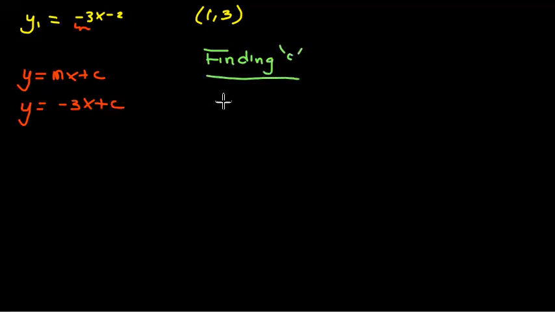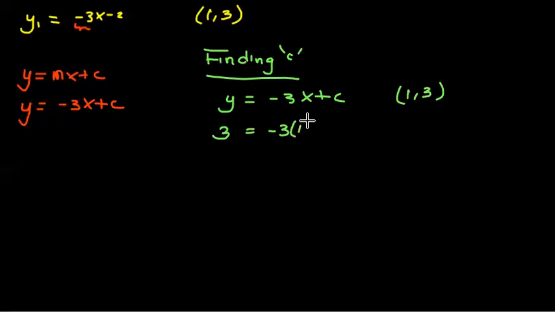Start with what we have. We have y is equal to minus 3x plus c, and we know it passes through the point (1, 3). What does that mean? Y is 3 when x is 1. This is minus 3 multiplied by 1 plus c, and this is 3 is equal to minus 3 plus c.